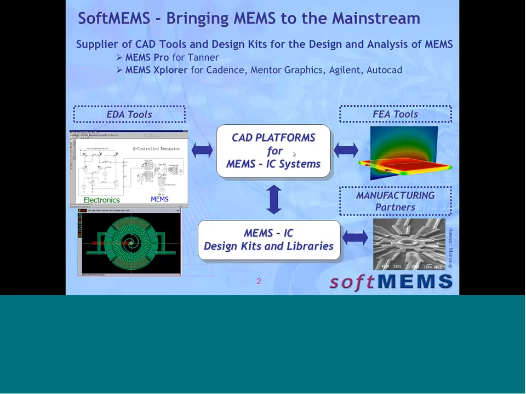And these fabrication houses could be pure play open foundries, or they could be internal fabrication facilities or university fabs. So what we help to do is help the designers access information about the fabrication partners through our design tools and our design kits and our libraries. And so we'll see a little bit more about that as we go through the tools today.